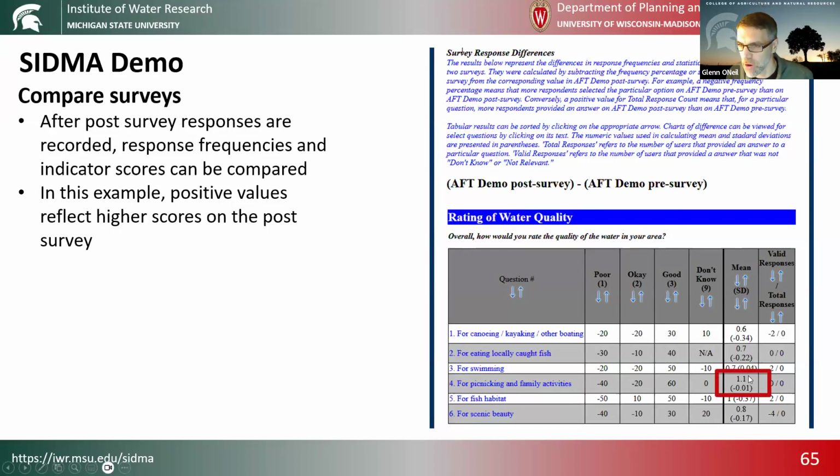Our mean score on the post survey was 1.1 higher than on the pre-survey, which makes sense because there's 60% more respondents on the post survey who rated it good than on the pre-survey. And you can look at that analysis option by option across the survey.